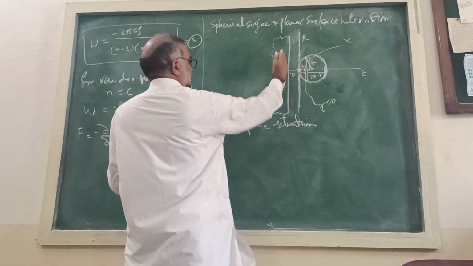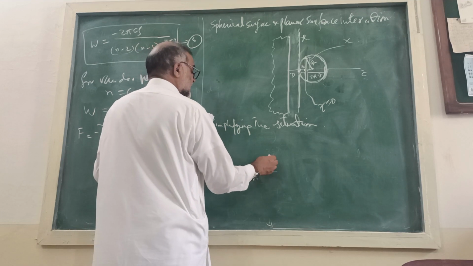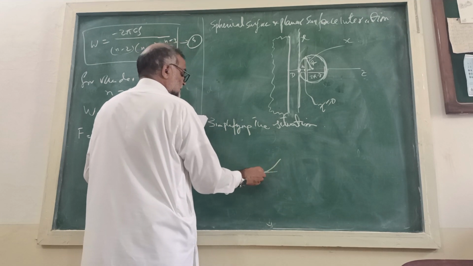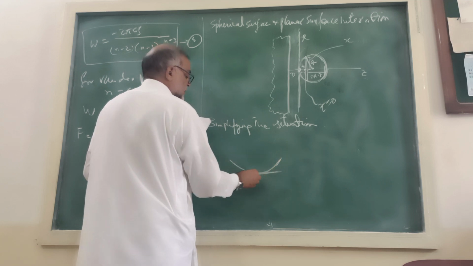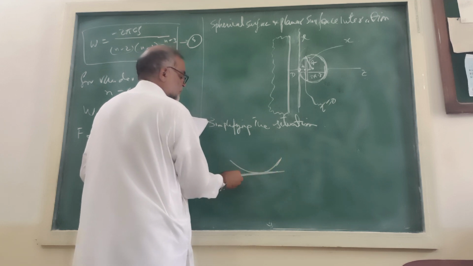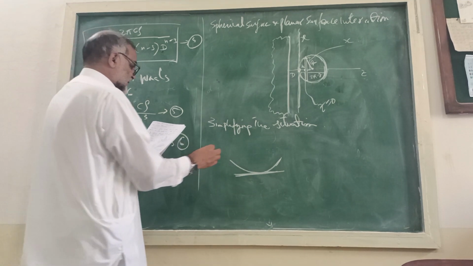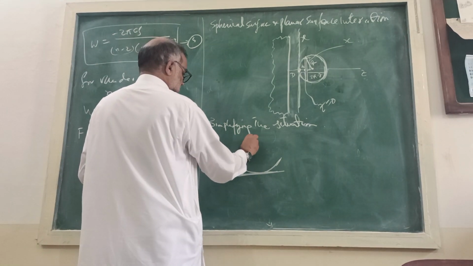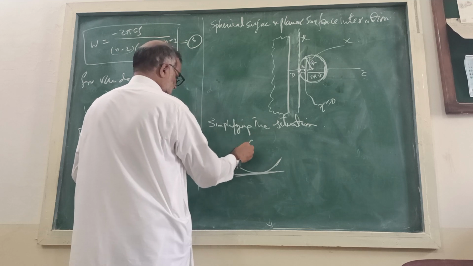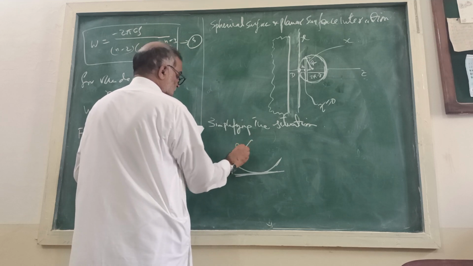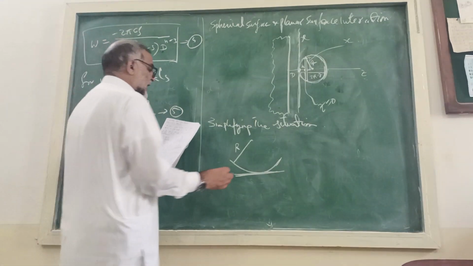So this plane, if I put it like this, and here, that is the surface. So I want to simplify things like this. This is of radius r. This is of radius r. Right?